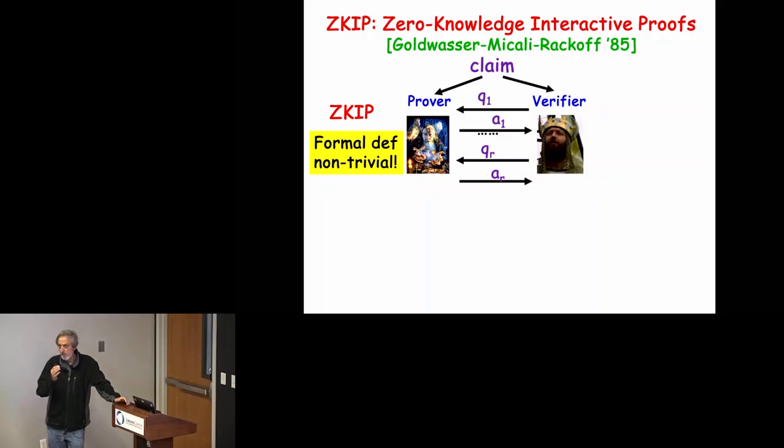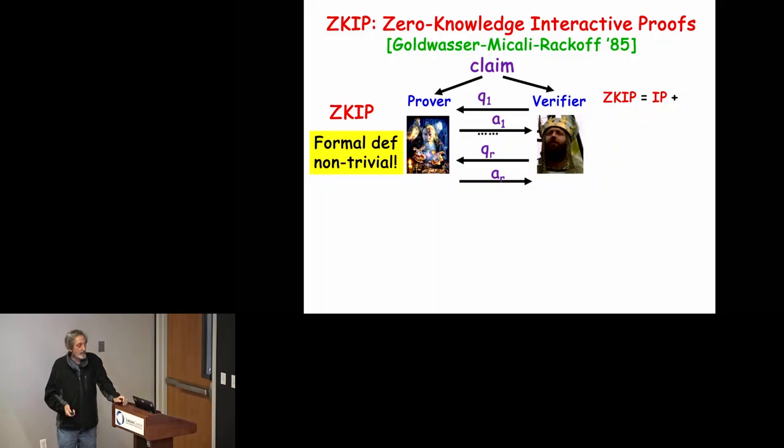I should note that the formal definition is quite technical, but the intuition is very simple, and the formal definition captures it, so it's enough to know the intuition. It's a normal interactive proof, so it should have completeness and soundness with high probability, as we discussed.